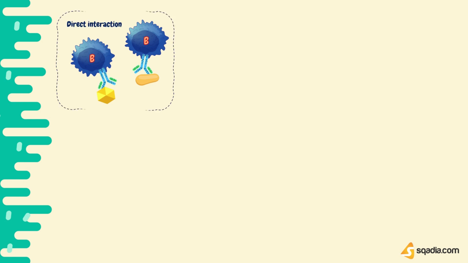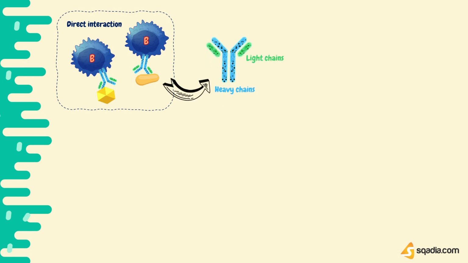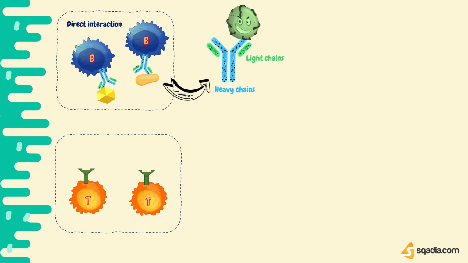As we know, these B cell receptors are themselves the antibodies, with the variable region made of light and heavy chains, that has the potential to detect and attach the antigen, thus starting the response against that invading substance. But, in the case of T cell receptors, or simply TCRs, they can detect only processed antigenic peptides.